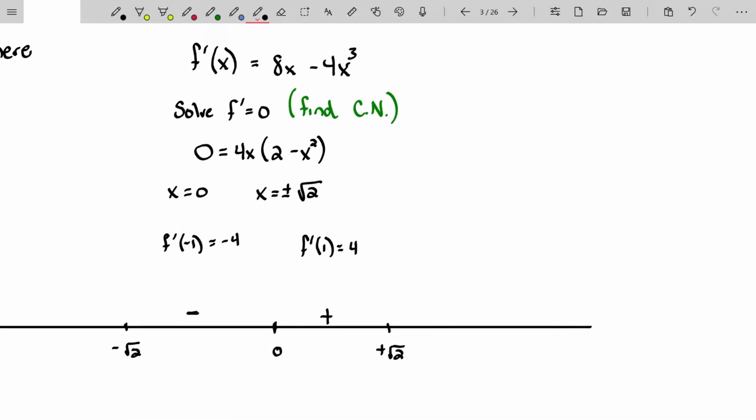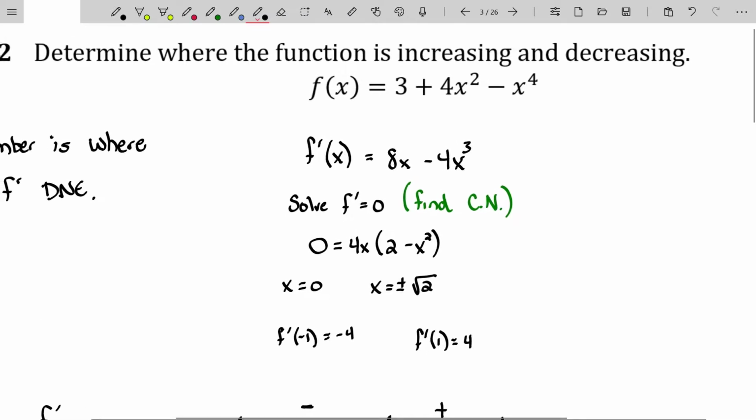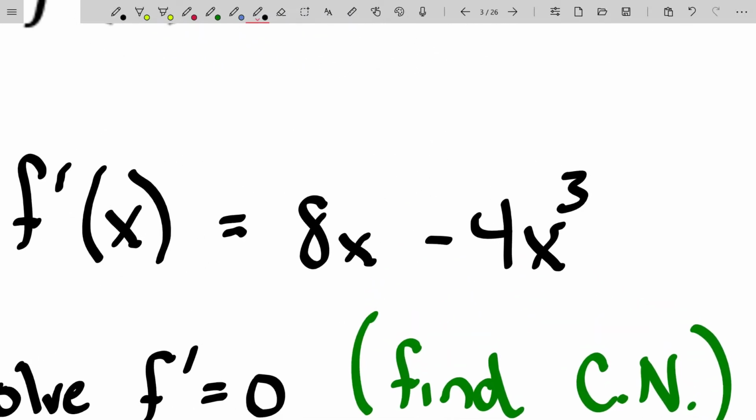If you grab a number like 1 billion, it makes it so stupidly large you don't actually have to do math. I have 8 billion minus 4 times a billion cubed. Obviously, the 4 times a billion cubed is much larger. So you have a small little 8 billion minus a massive number.